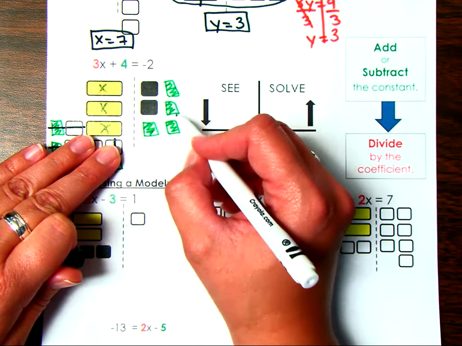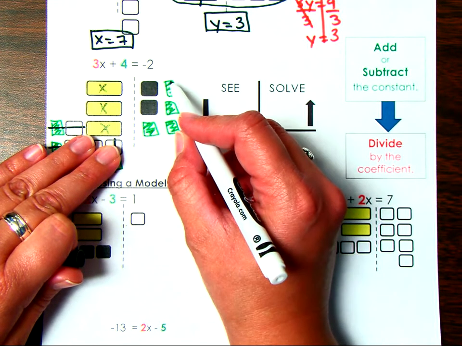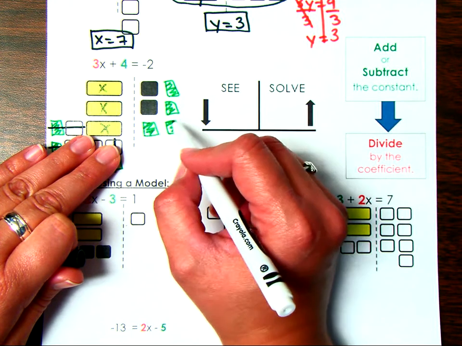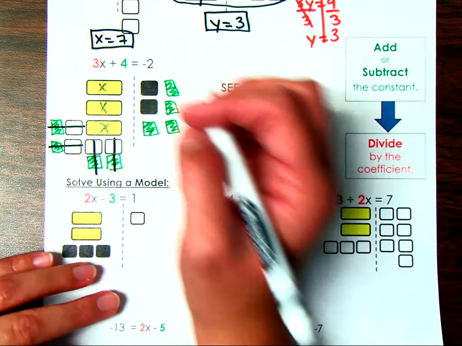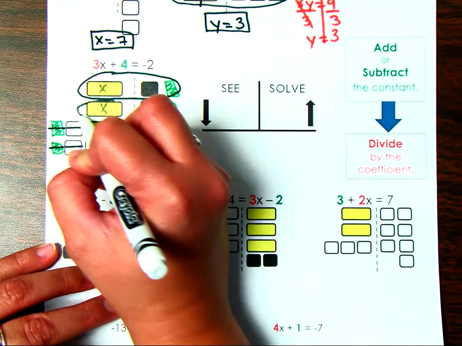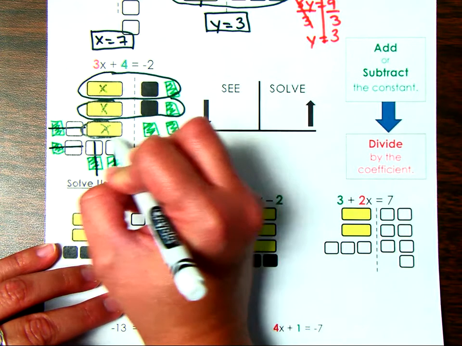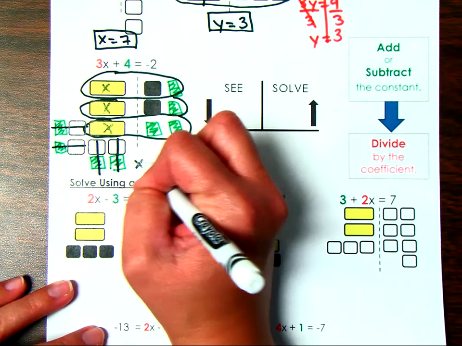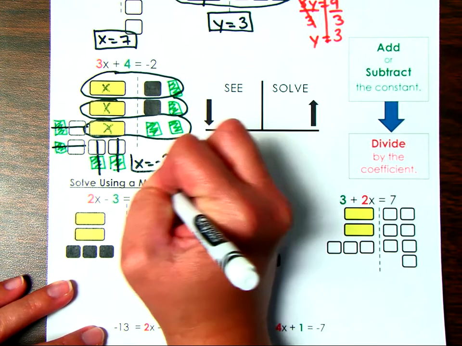Now that we have 4 negatives over here, you can see that there's 1, 2, 3, 4, 5, 6 negatives. So now I want 1x by itself. So for every 1x, I see 2 negatives. So in this problem, x equals -2.